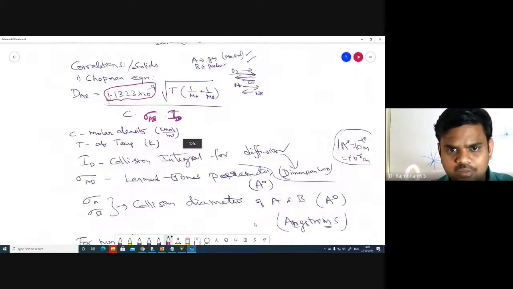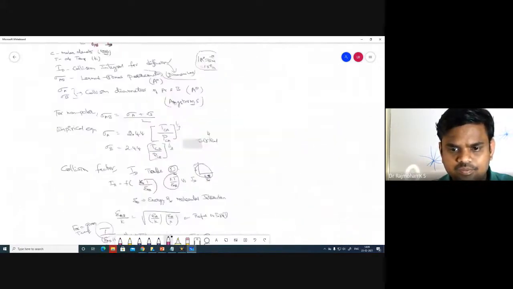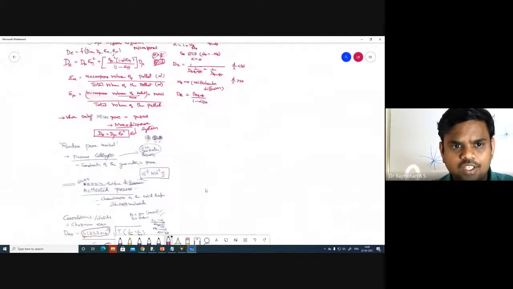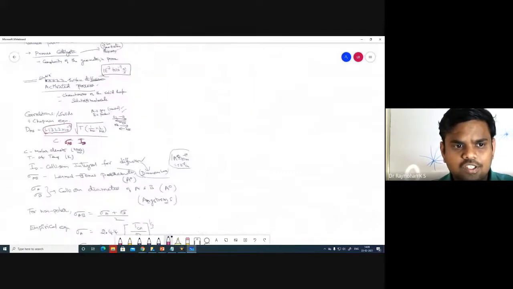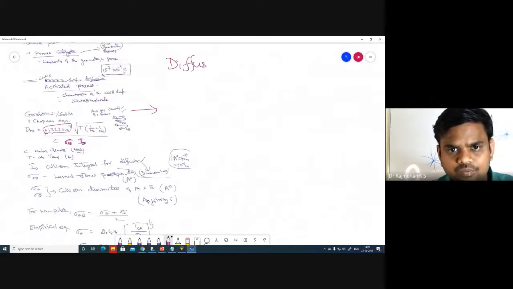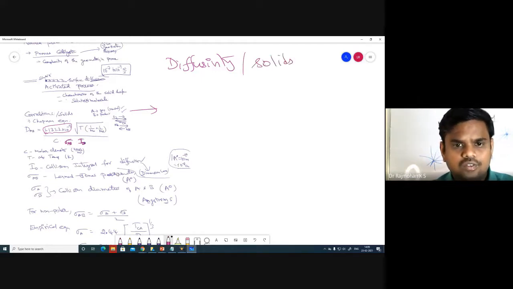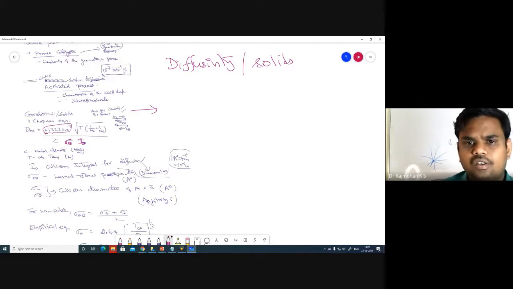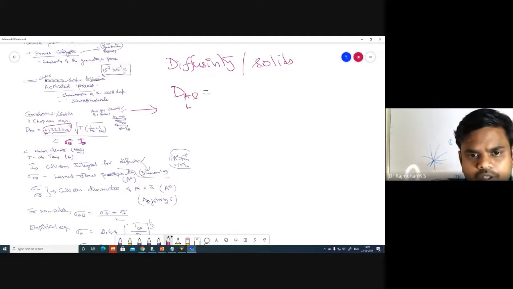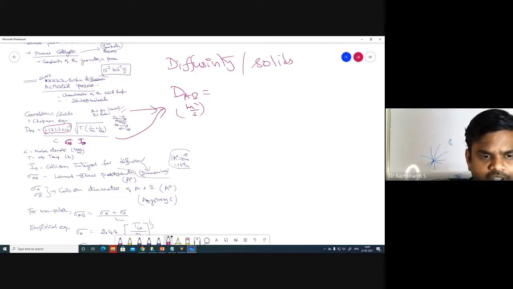There is another correlation, for solids, to determine the diffusivity. How to determine the diffusivity of A and B gases inside solids? We have an expression, DAB in meter square per second. The same expression is modified, replacing some of the terms.